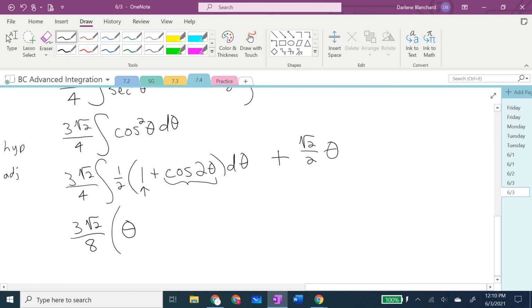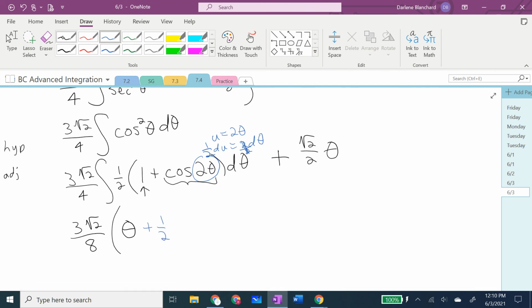You want to be good at u substitution. If u is 2 theta, and the derivative of that is going to give me 2, that means I have an extra 1/2.